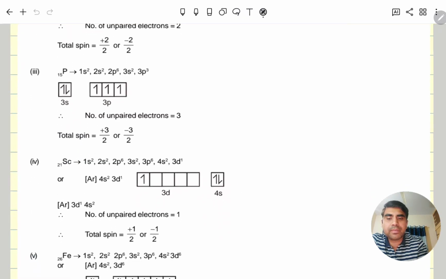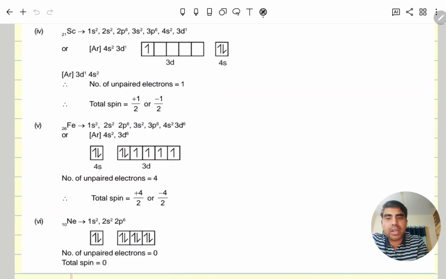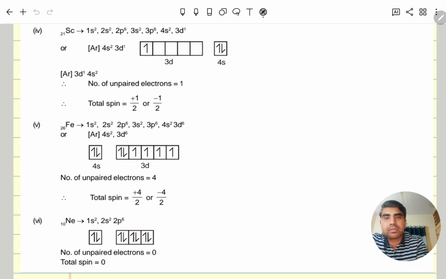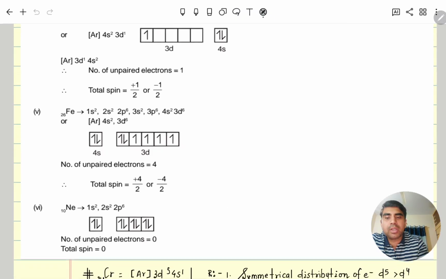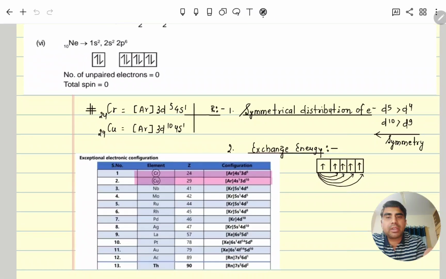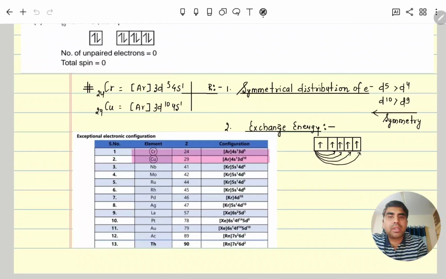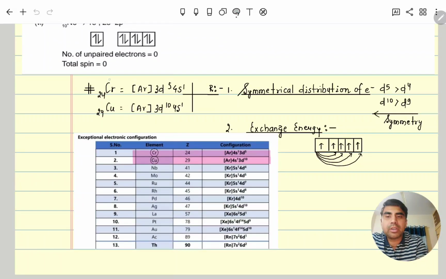Next, moving further, this is iron and neon. Next, moving further, now we will discuss the electronic configuration of chromium and copper.